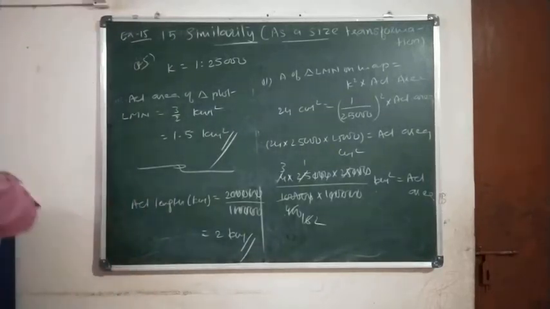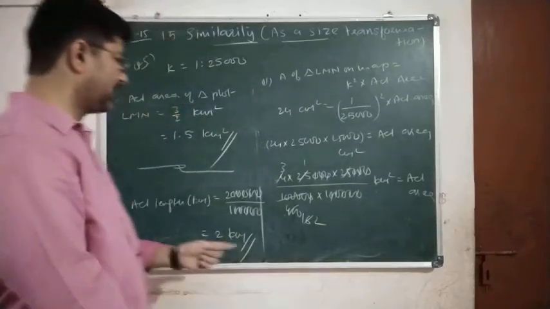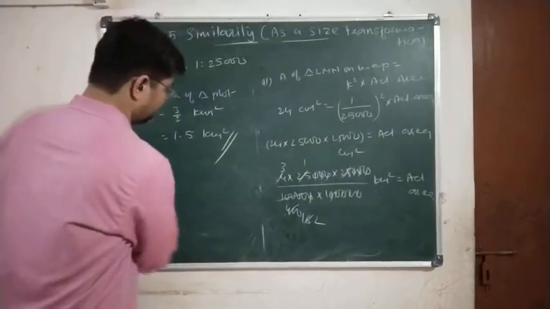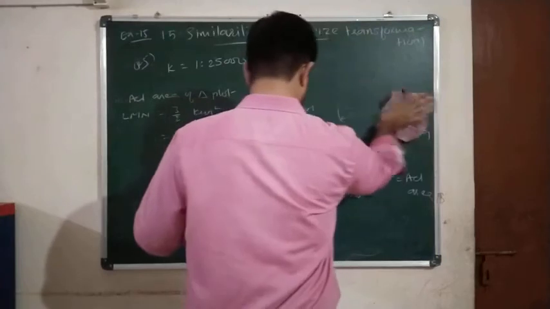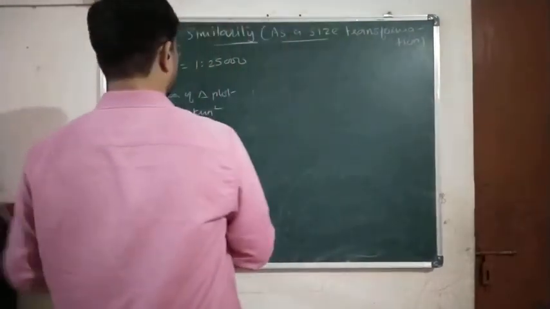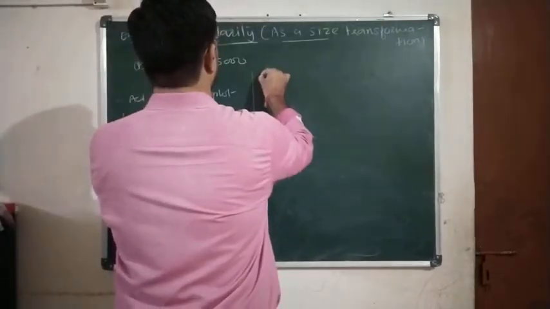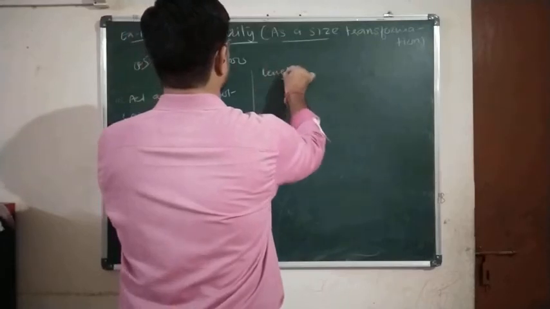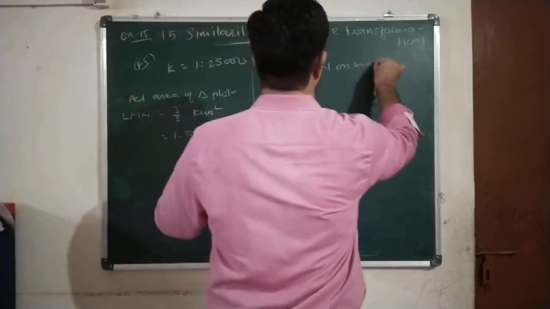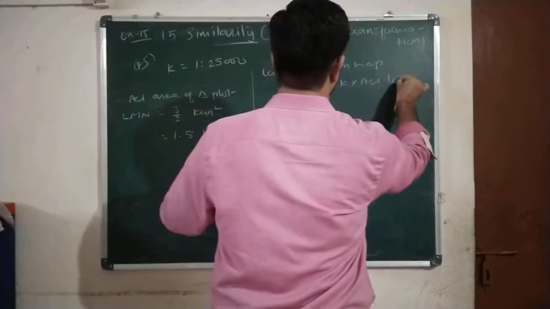One more thing we have to find, LN. We forgot. So let us find out now. No problem. So we can put the formula. Length of LN on map is equal to k into actual length.